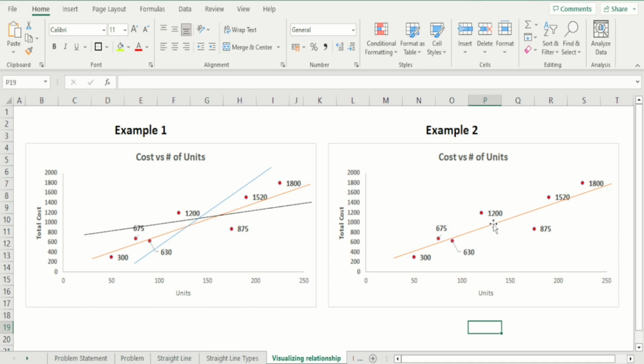Now, this orange colored line, which is the closest to all the data points, is usually referred to as the line of good fit. In other words, that line that minimizes the distance between the line and all the data points. So this is an important concept for us to remember, the line of good fit. And with that, let us take our treatment further.